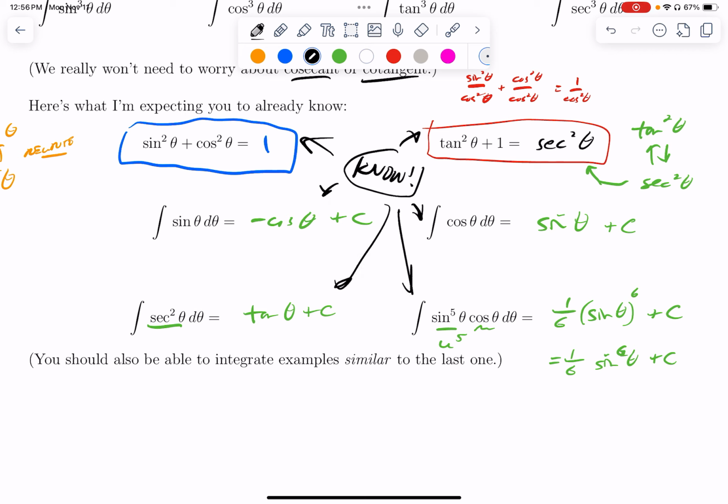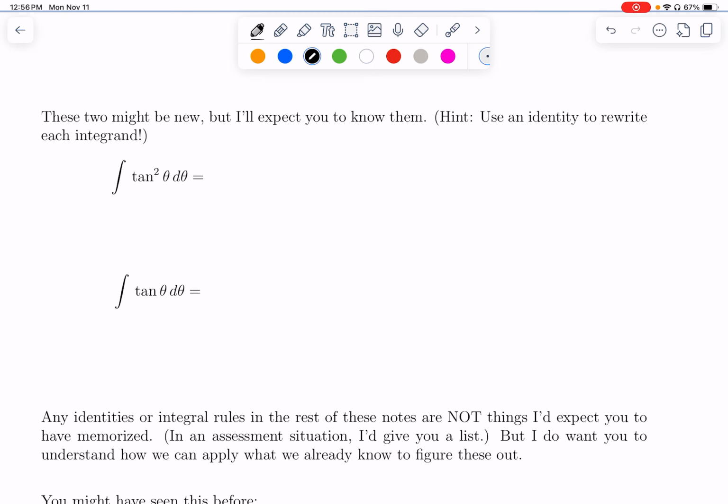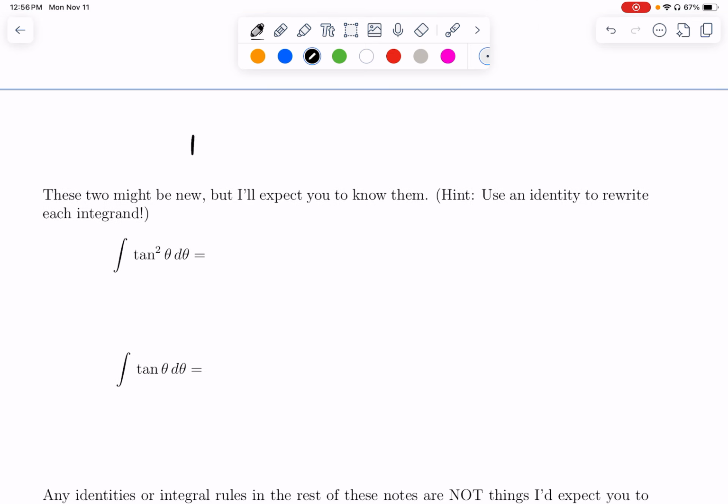And then there are 2 more that I want you to know. They may not be things you think you already know. So take a moment and try to figure out what would be the antiderivative of tangent squared and what would be the antiderivative of tangent. And the hint is try to rewrite them. So hopefully you remember, we just said tangent squared plus 1 is equal to secant squared, which means that tangent squared is secant squared minus 1.